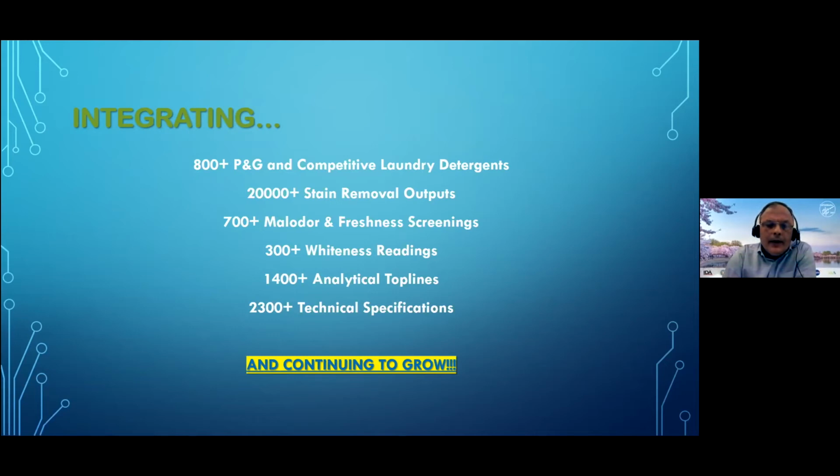I created it a few months ago for another presentation, so the number has grown, but we have at least 800 products. You could be surprised that there are so many detergent products, and I'm even talking only North America. But there are a lot of variations. Of course, this is over the years, so there are repetitive formulations over the years. But we have a lot of stain removal outputs, malodor and freshness screenings, and readings about the other benefits as well. And this is growing with time.